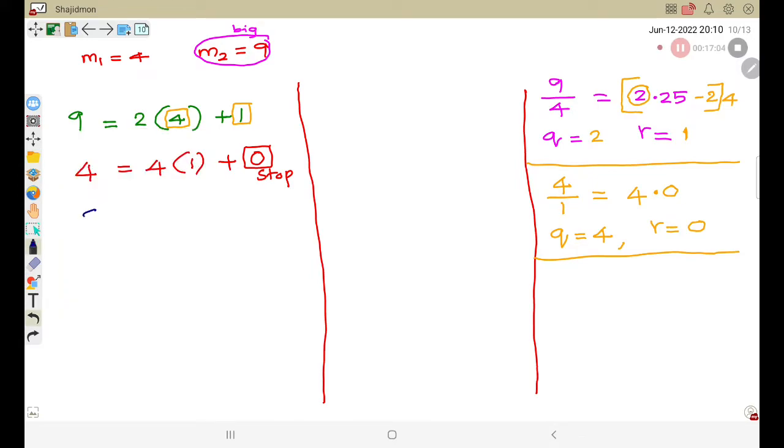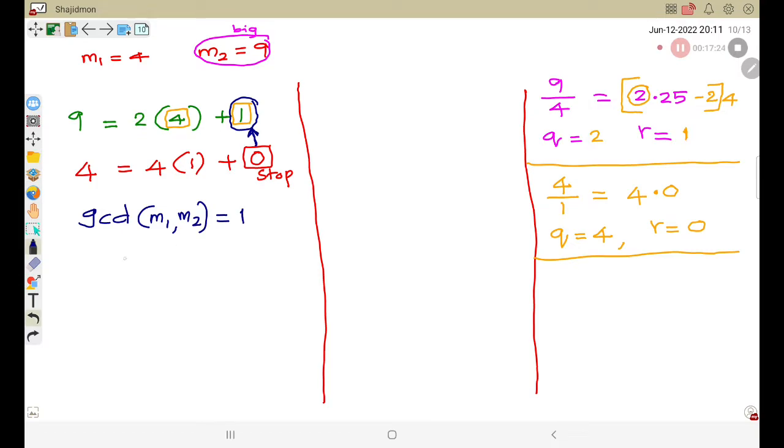Now we can write the GCD. GCD of the numbers M1 and M2, correct. M1 is 4, M2 is 9. So the GCD of these two numbers, by the Euclidean algorithm we studied, is the last non-zero remainder. What is the last remainder other than 0? 1, correct. So the GCD is 1.